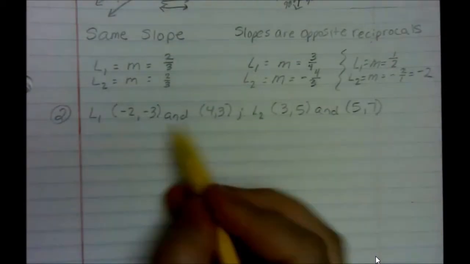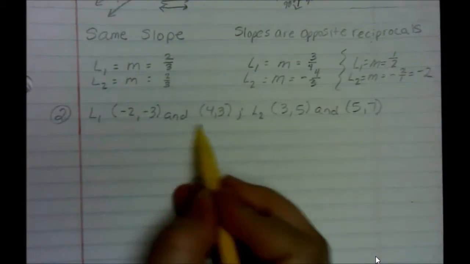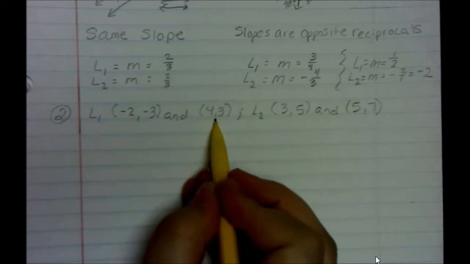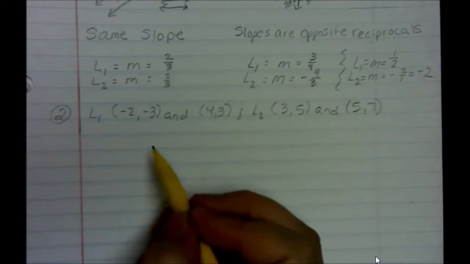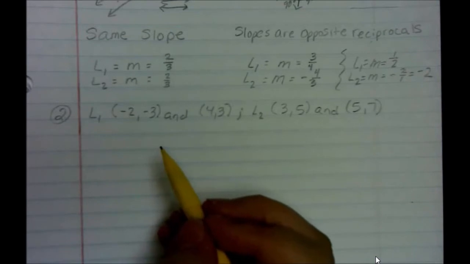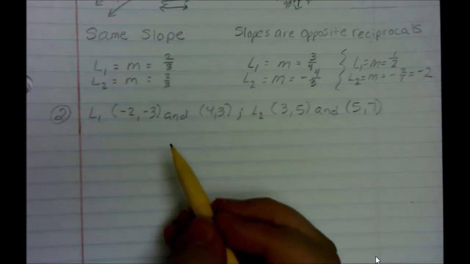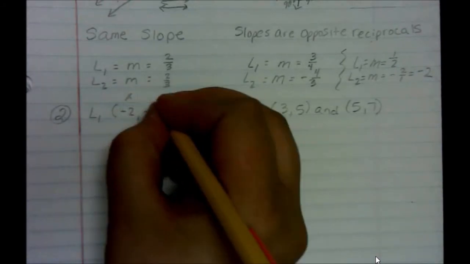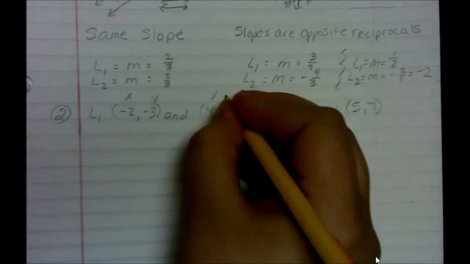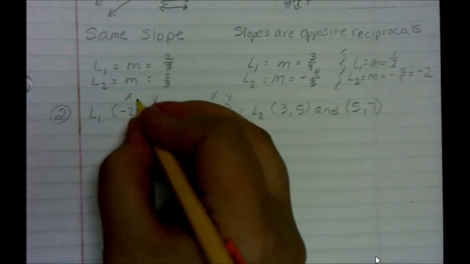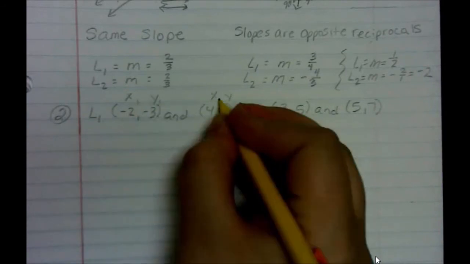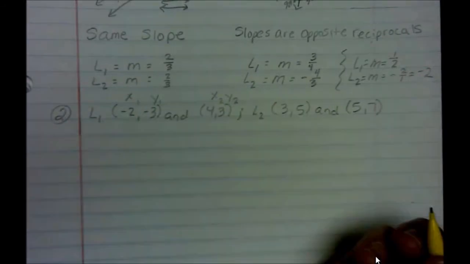So on line 1, they gave us 2 ordered pairs. How can we find the slope when we're given 2 ordered pairs? Hopefully you remember section 3.2 notes, where we first identify our x and y values, and this was my first ordered pair, and that was my second ordered pair.